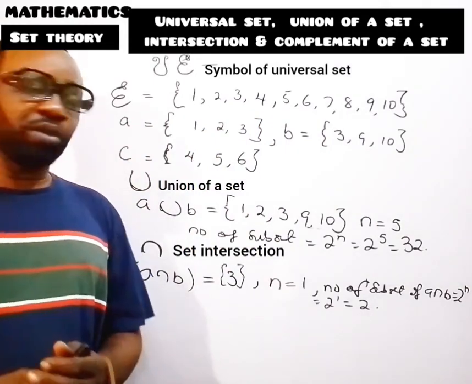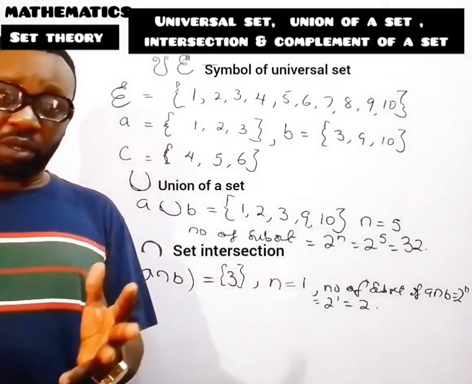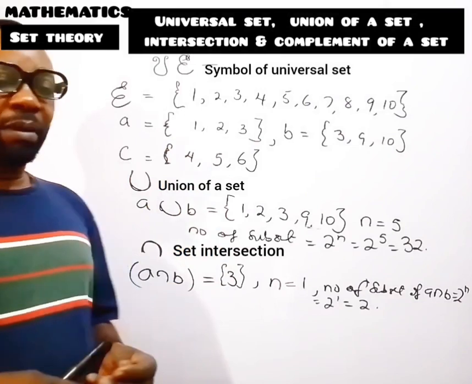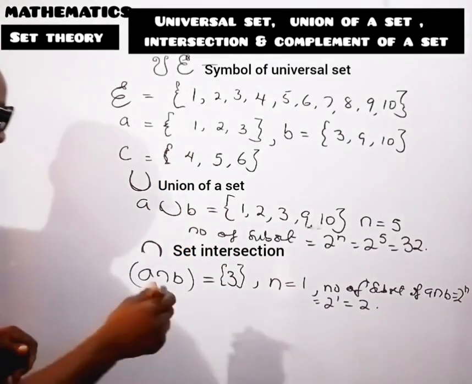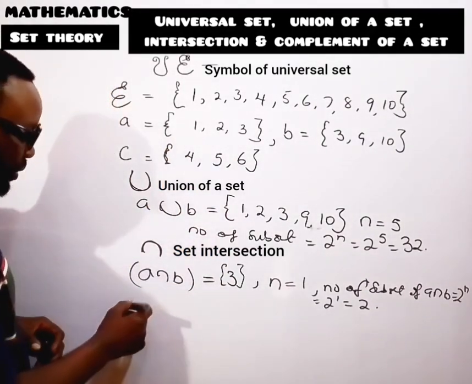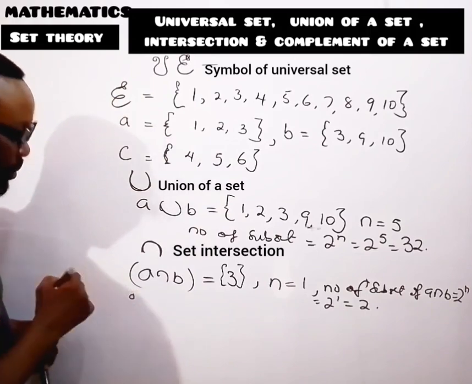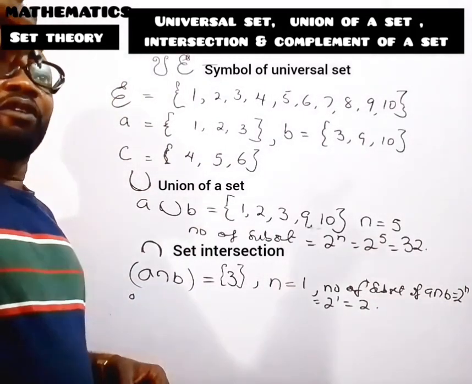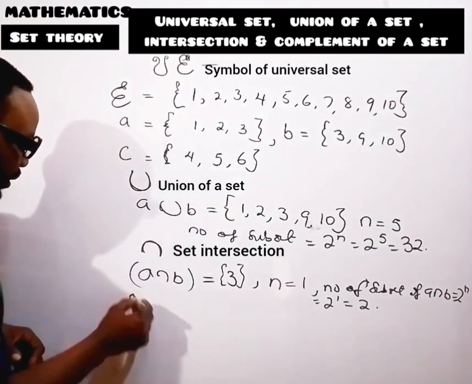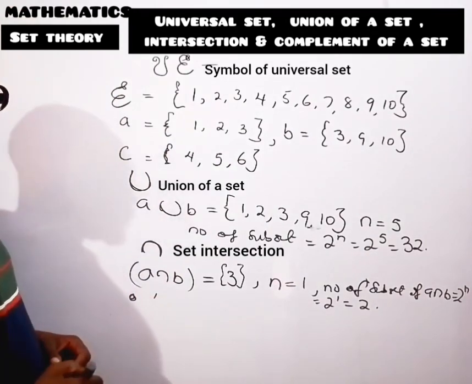But before I go into touching them, let me talk about what is meant by complement of a set. Complement of a set is usually represented by either putting this symbol as a kind of power on a particular set given to you, or you put this symbol there.